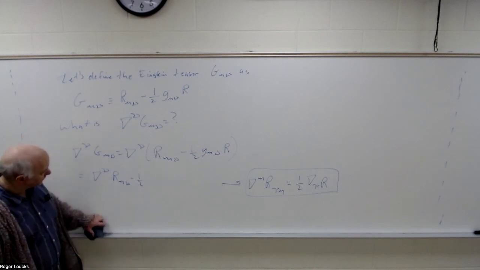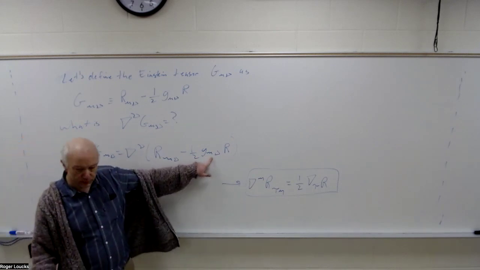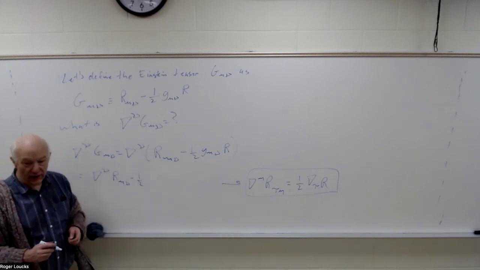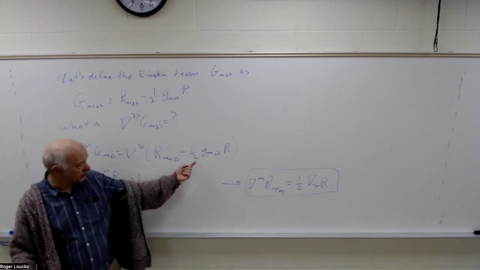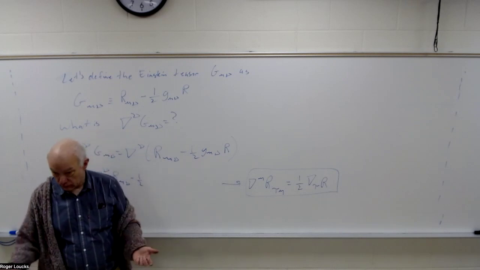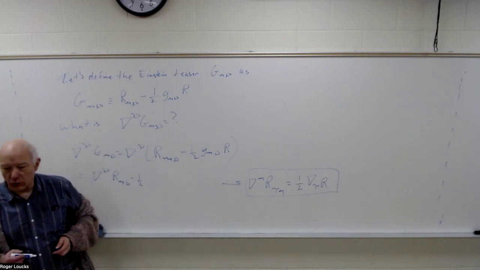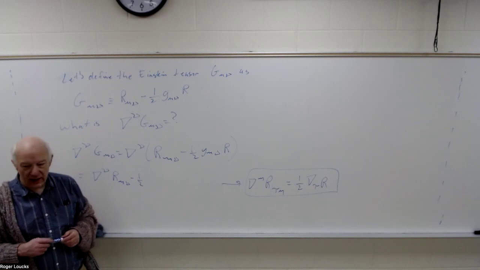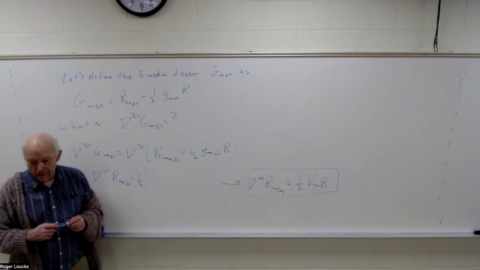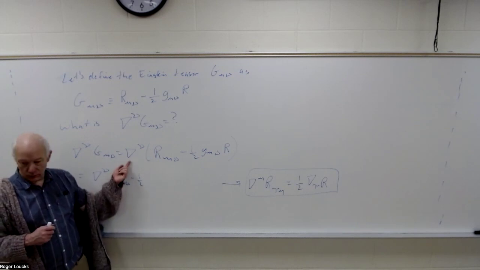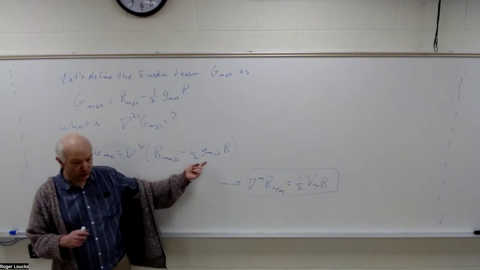Now what happens when the derivative acts on the g and on the R? When it acts on the R you get this, and when it acts on the g you'd have a product rule. Well, what do we know about the g's? These g's have metric compatibility, meaning the derivative of them is zero. When you take the derivatives of these, you get 0.